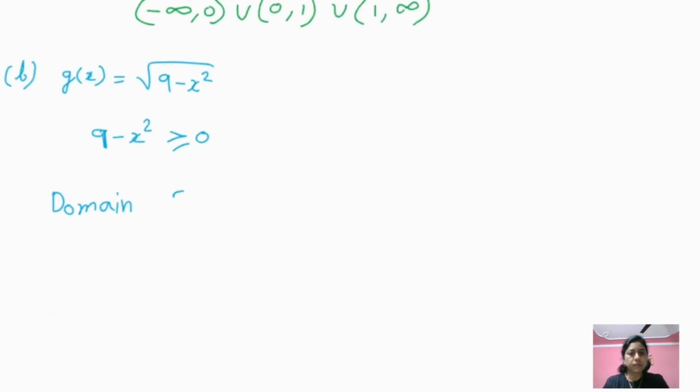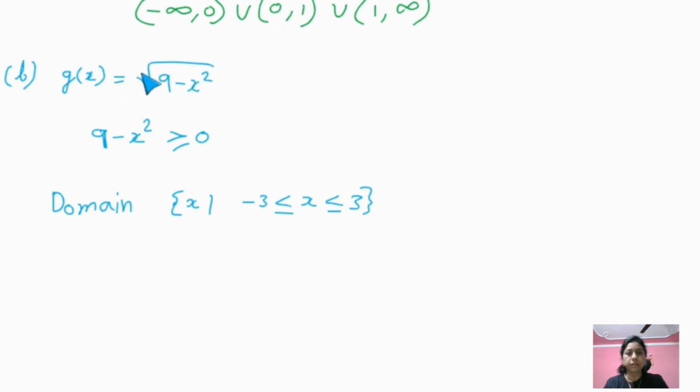The domain is x such that minus 3 less than or equal to x less than or equal to 3. It means here we can put only values from minus 3 to 3. At that time this whole value is 0 or a positive number, more than 0.